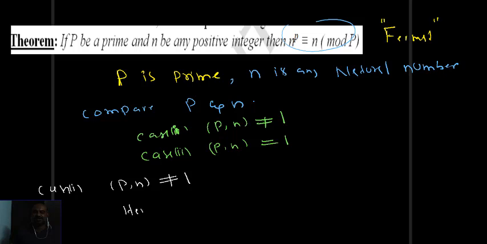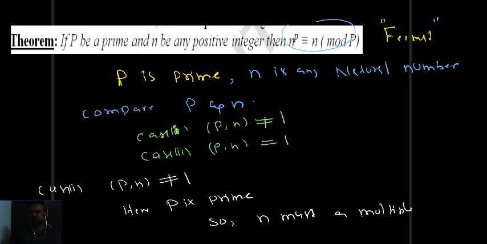Here p is a prime, no? P and n are not co-prime, p is a prime number. n must be a multiple of p only. So n must be a multiple of p. That is n equal to some pk, I can write p into some k1. This is result number 1.